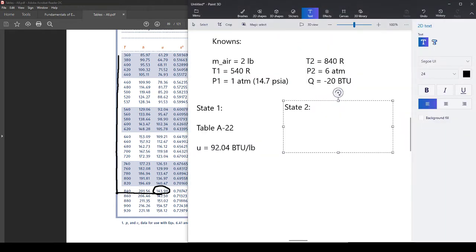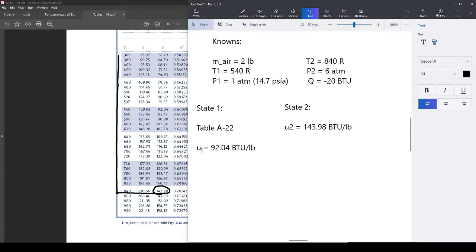So U2 is equal to 143.98 BTUs per pound, right? And this one over here should be U1. I've made a little bit of an error there. So U1 is right there, U2 right there. So we have both U1 and U2.